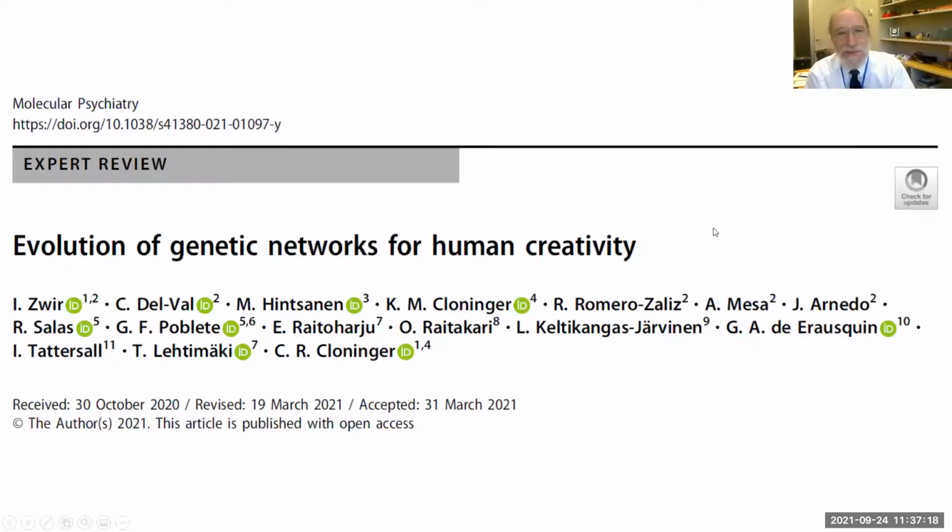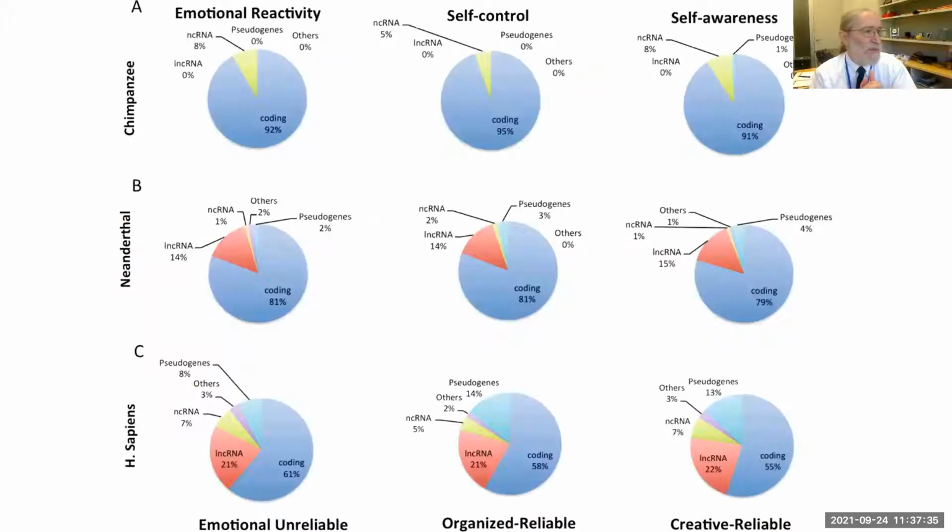This is kind of a fun fact. We were able to move from that work forward and identify how those genes separate modern humans from Neanderthals and Neanderthals from chimpanzees. The genetic networks, such as those 3 networks that drive control of personality features, are dramatically different as you move from chimpanzees to Homo sapiens.